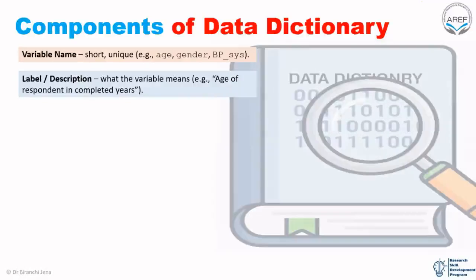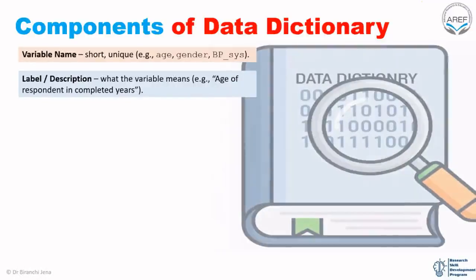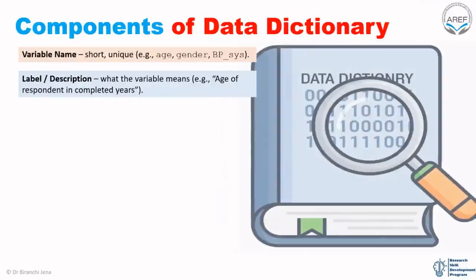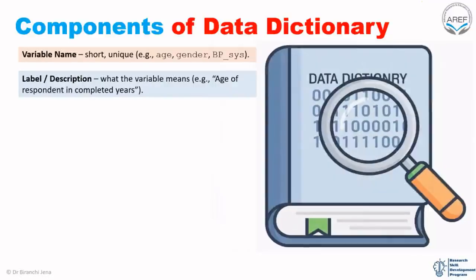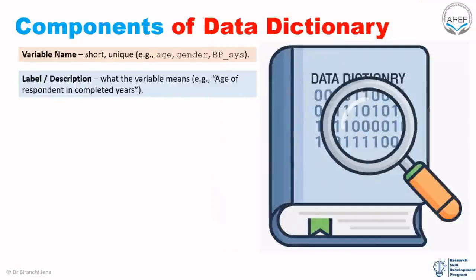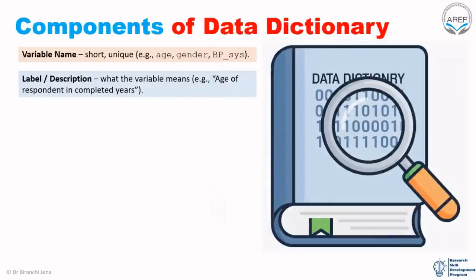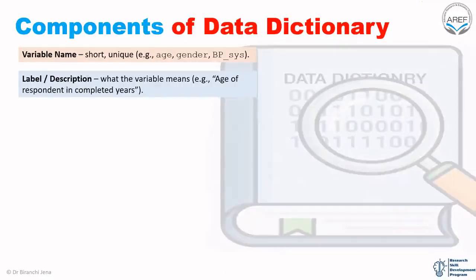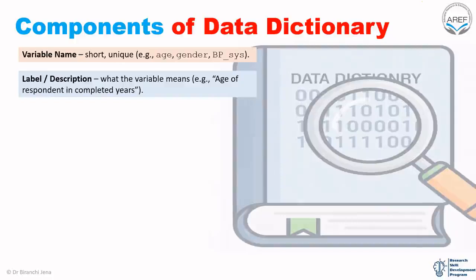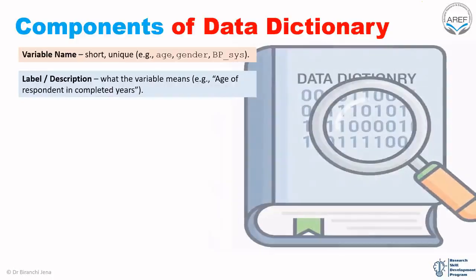So that is the meaning. If you make it more elaborate, then you can say age of the respondent in completed years as of 1st June 2025. If you want to calculate that age as of that cutoff line, then you can still consider that as the definition or description for that particular variable.